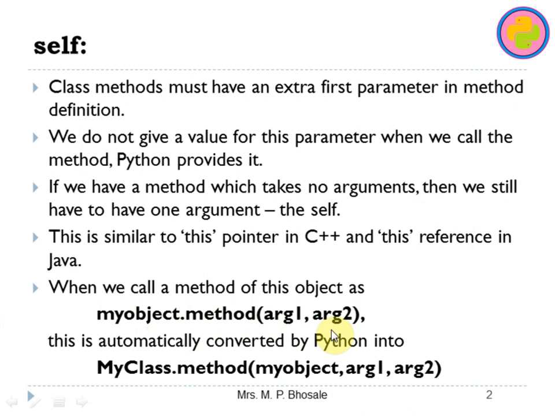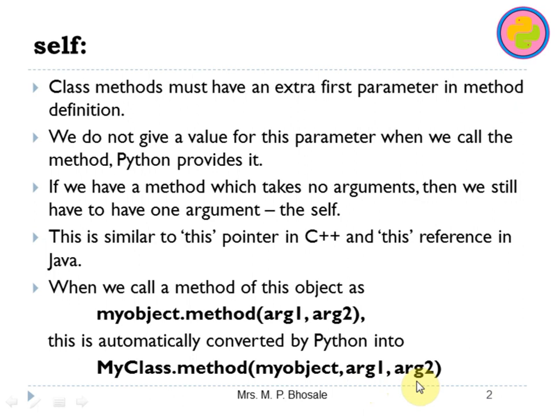Now at this time I will not consider or assume any value for the self parameter, because at the time of execution that will be automatically converted by Python into your class name dot method name, and in brackets your object name, comma, whatever values you have passed for the parameters for that method. I think now you have got an idea about this self parameter.